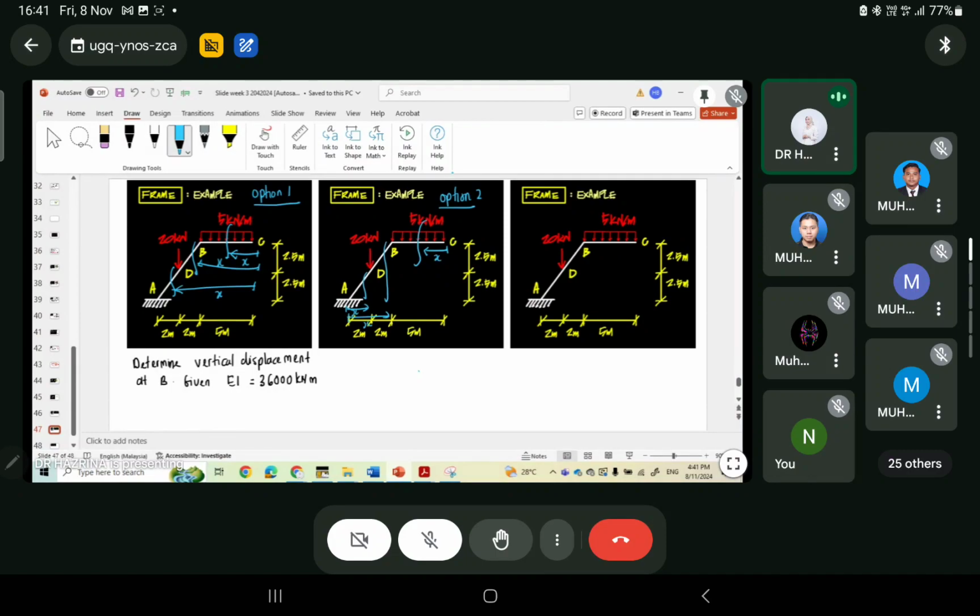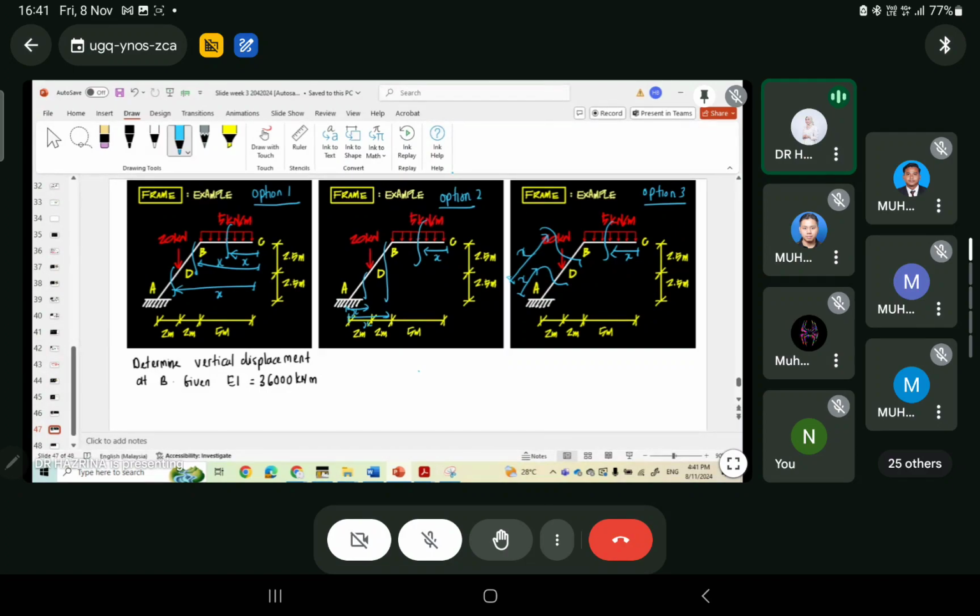And you do have another option where you can solve like this, would be option 3. You have X. Okay. And then you nak buat macam ni. X. Pun boleh juga. Okay, option 3.